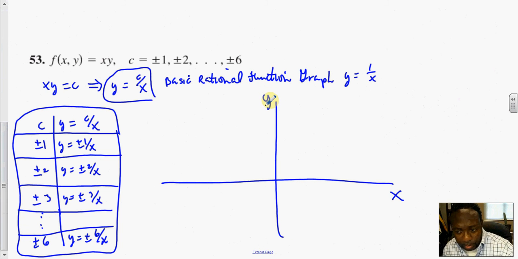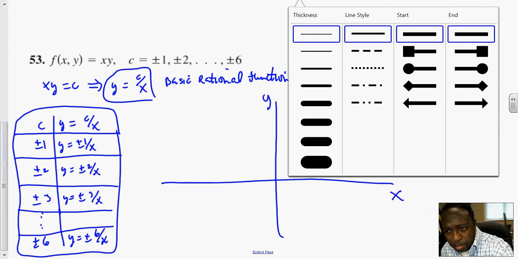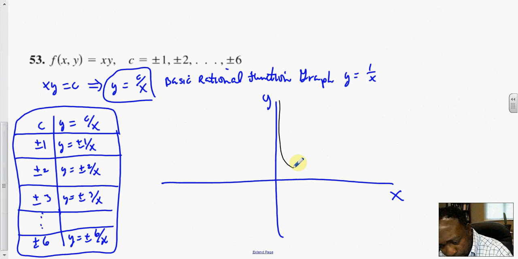The basic one for y equal to 1 over x, you recall, is this one.